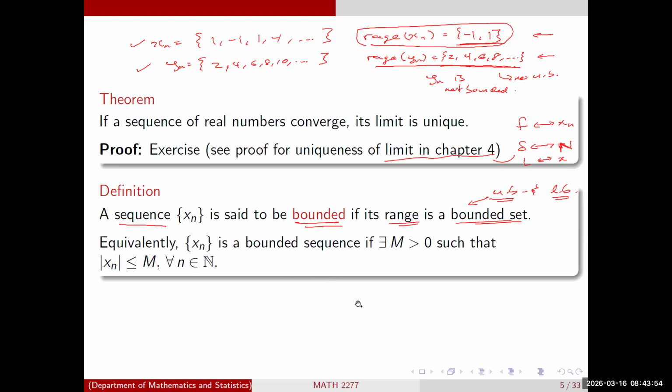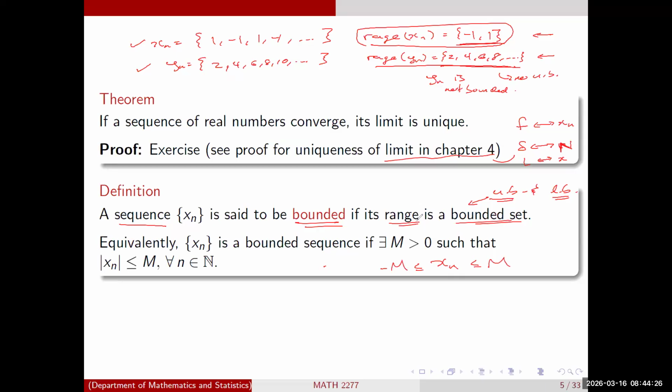Now there's another way to write this that's very useful for when we do proofs. If the range of a sequence is a bounded set, another way of saying that is that every single term of the sequence must lie between plus or minus some number m.